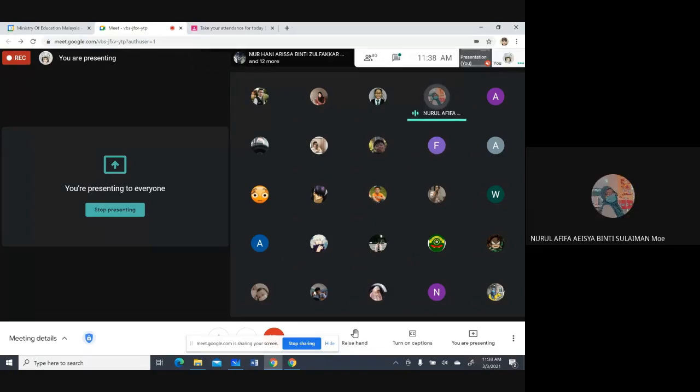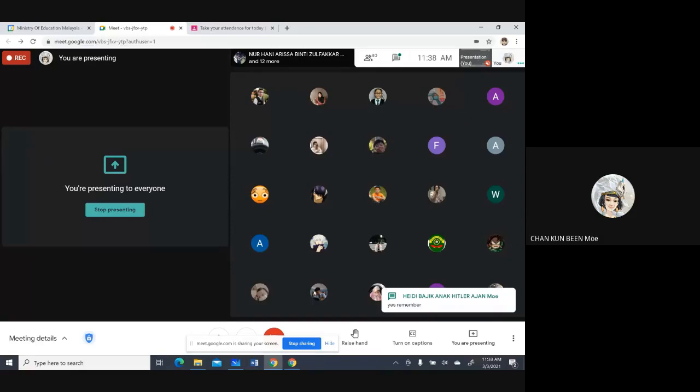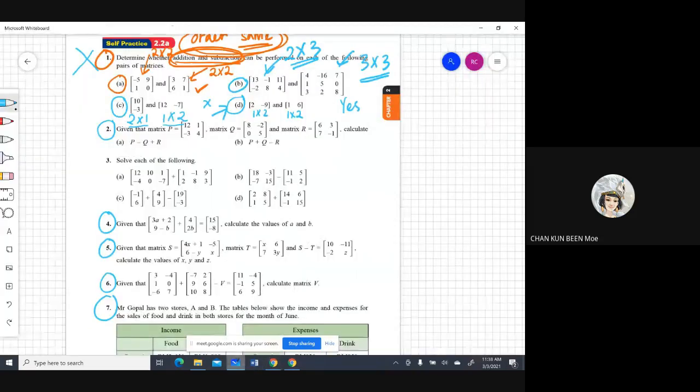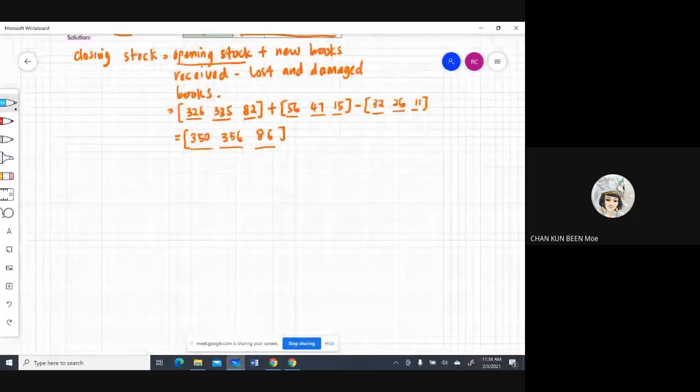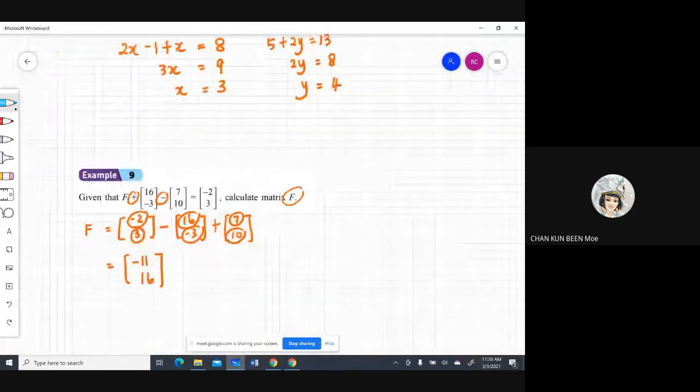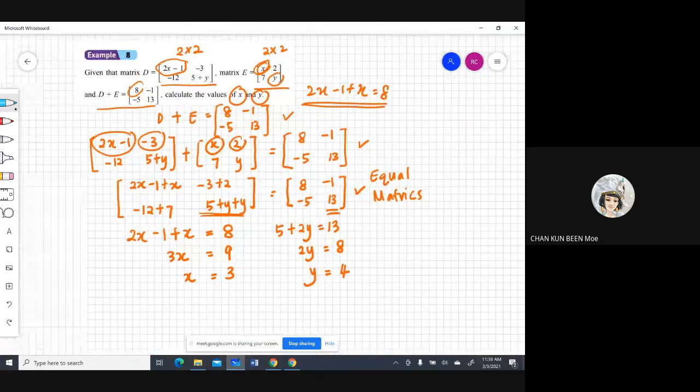Addition and subtraction. And then you have to remember, when you are solving your problem, you need to solve until you get the equal matrices like this. So there is no shortcut, because this question might come out in paper 1 or paper 2. When it comes to paper 1, you have to know each of the elements inside.